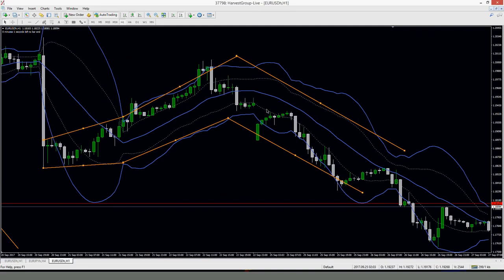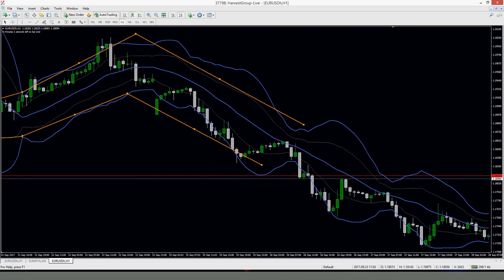Sometimes it's quite useful to take away all the moving averages just to understand what's happening within the candles. Even over here, every time the price touches the low BB, it has to go back to middle BB. See, it tried to go back to middle BB, but it was rejected by division 1 until this point over here.